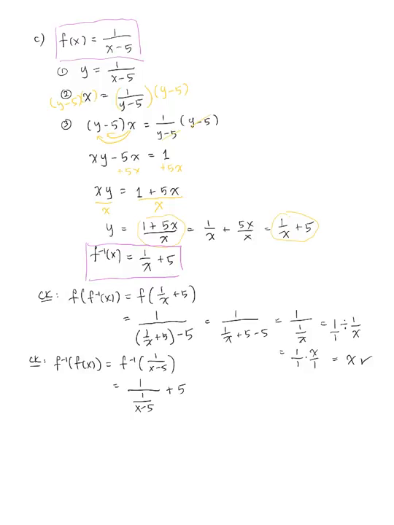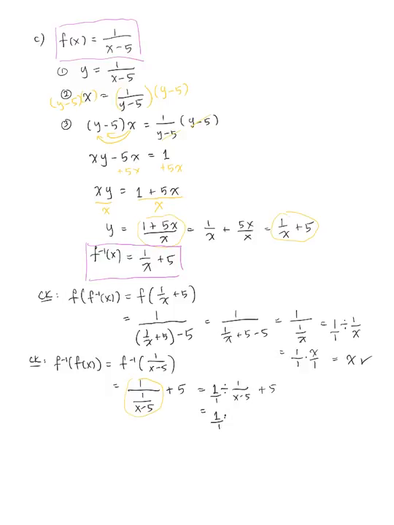Okay, so now we're going to do the same thing. So let me see. So this guy right here is same thing as 1 divided by 1 over x minus 5, isn't it? So let me write it out. So I'll spell everything out. That's same thing as 1 divided by 1 over x minus 5 and then plus 5. So which turns into 1 over 1.